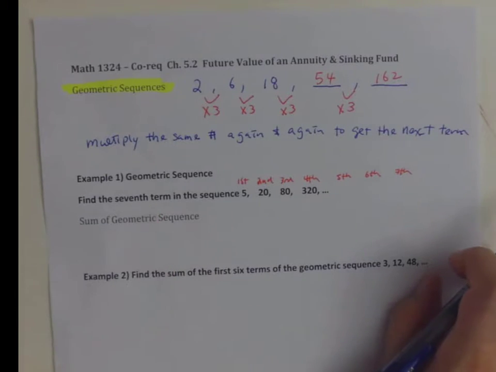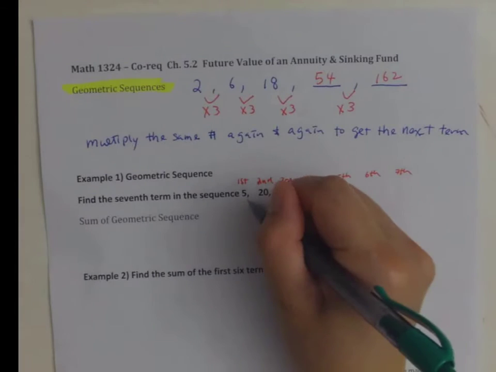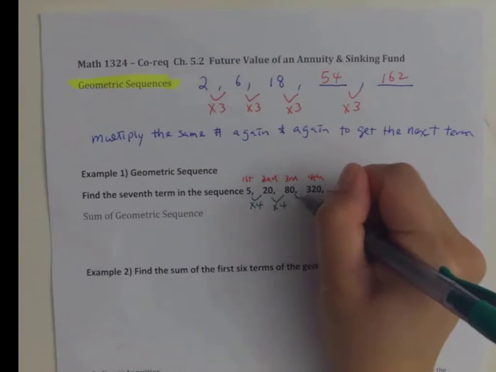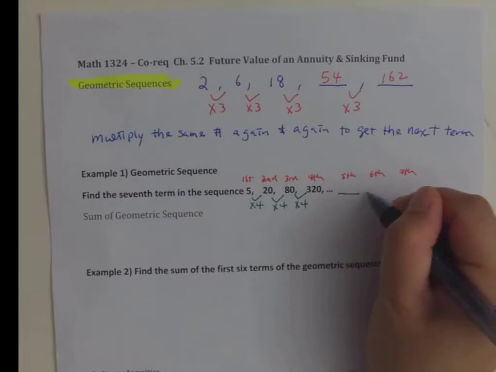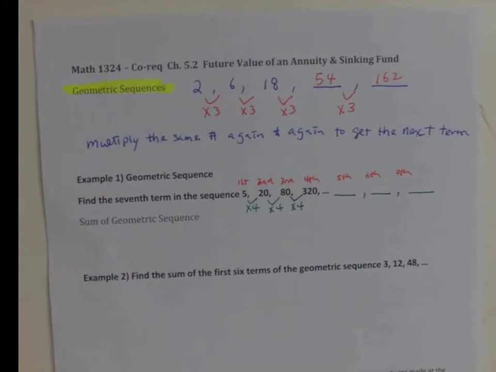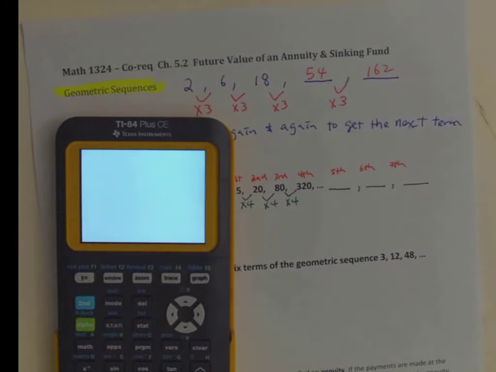So let's see what is happening here. From 5 to 20, we multiply by 4, and 20 times 4 is 80, and then times 4 again is 320. Can you go ahead and maybe grab a calculator if you cannot do it in your head and see what the next 3 numbers will be. I'm going to get my calculator.